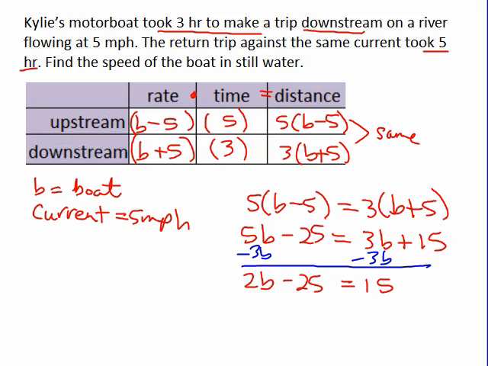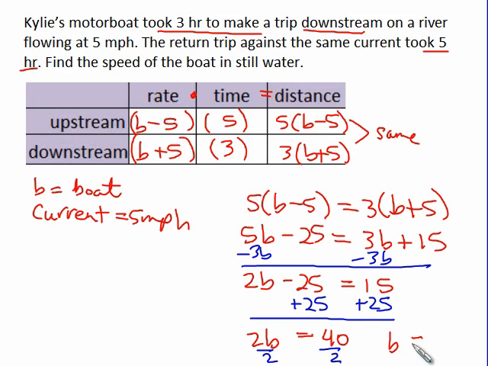That's the 15 that's left. And then now I'll add 25 to both sides. Again, I'm trying to isolate b, so 2b equals 40. And then finally, dividing by 2, I see that b is 20.